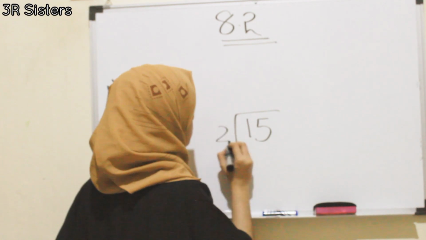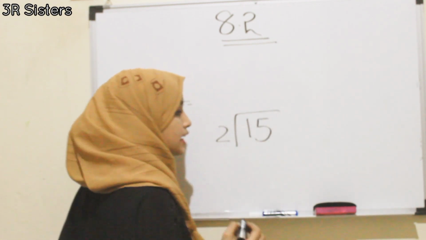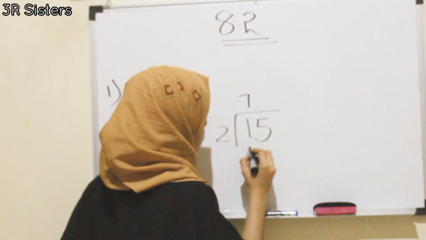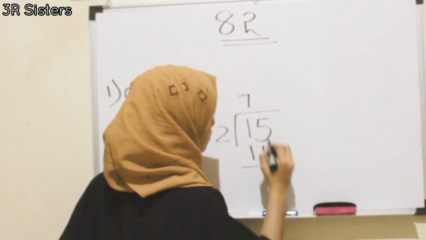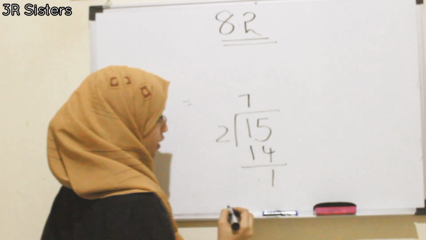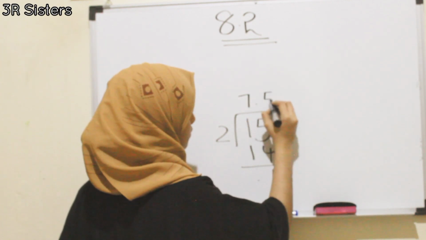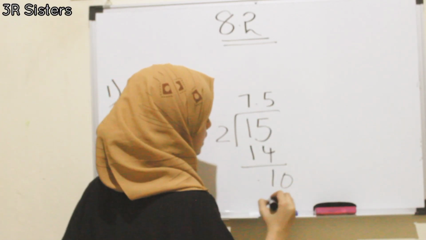15 by 2. So in 15 how many? 7, and then 7 2s are 14, 1, then here point, and then 0. In 10 how many 2s? 5 2s are 10 and then 0.